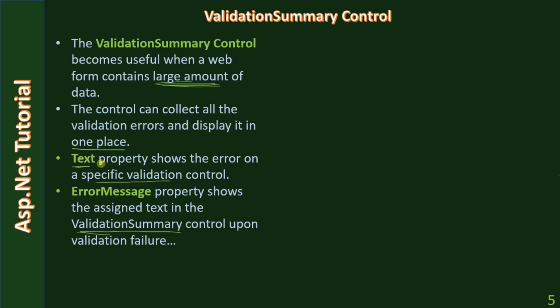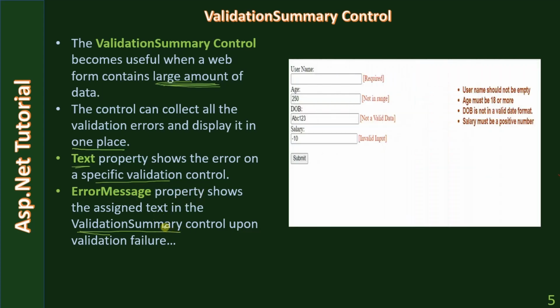So text will be the one that is shown on the specific validation control itself. Error message is the one that will go to the validation summary, and the string content that you place in the error message will be displayed in the validation summary control.